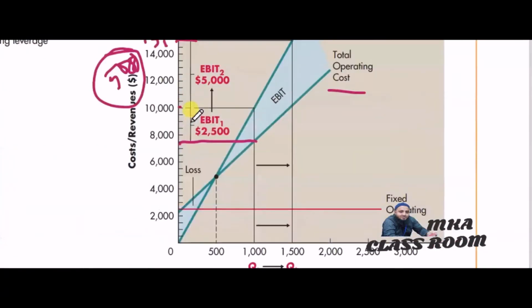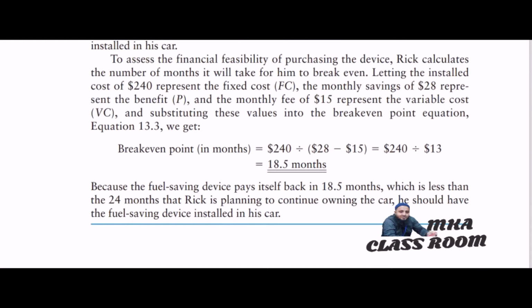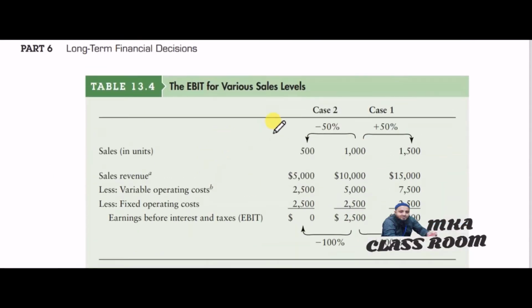So here we see case 1 and case 2, EBIT for various sales levels. Our sales decrease 50%, that is sales is 500, and increase 50%, that is 1500.